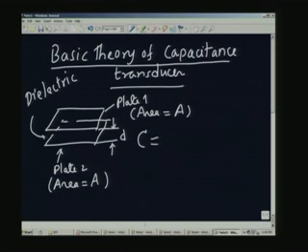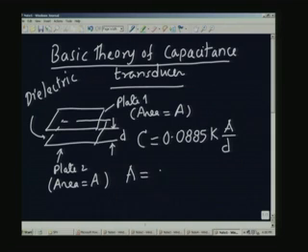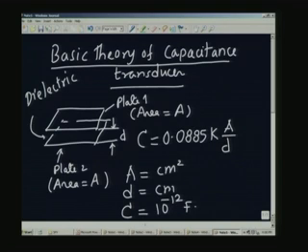We will say capacitance C is given by 0.0885 K times area by distance, where the area A is in centimeter squared, t is in centimeters, and C will be in 10 to the power of minus 12 farad, or in picofarad.